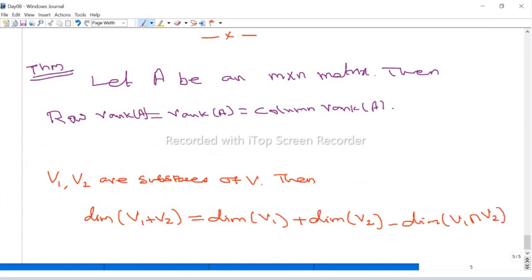We have to subtract. In set theory, cardinality of A union B equals cardinality of A plus cardinality of B minus cardinality of A intersection B. The similar thing here. Okay, this is a very, very important formula.